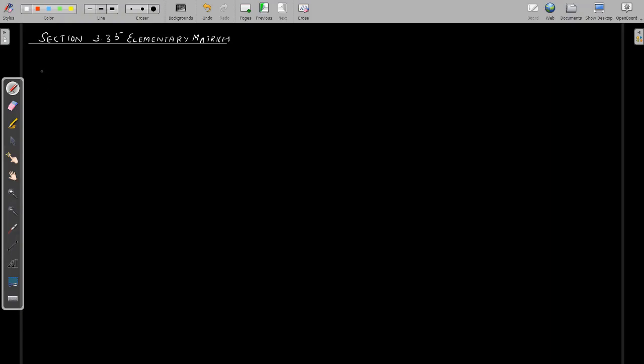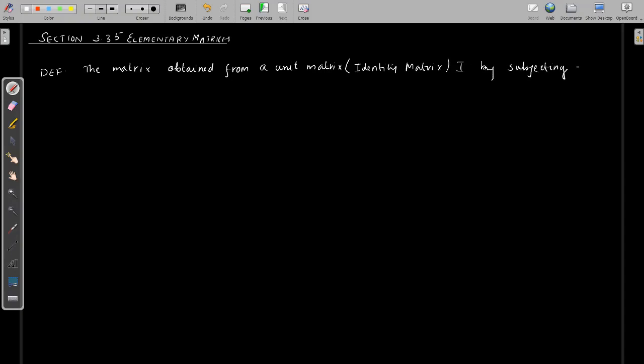The matrix obtained from a unit matrix, meaning identity matrix, that is I, by subjecting it to one of the elementary operations is called an elementary matrix. That means you can perform any one of these elementary operations on the identity matrix. Then you will get a new matrix, that is what we call an elementary matrix. You can perform any one of these elementary operations.